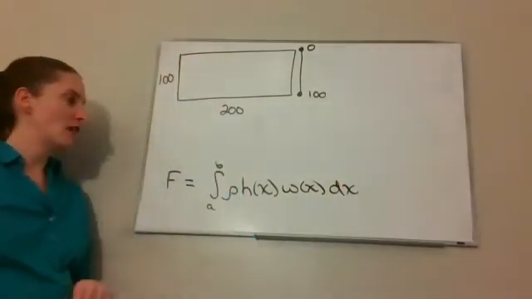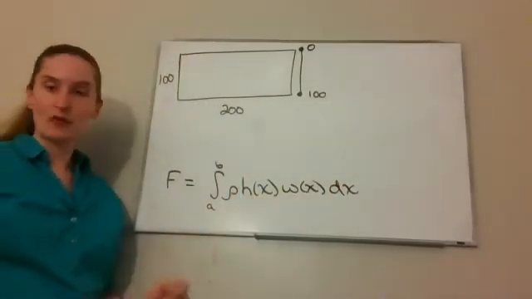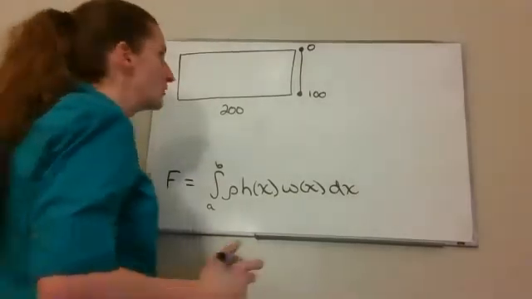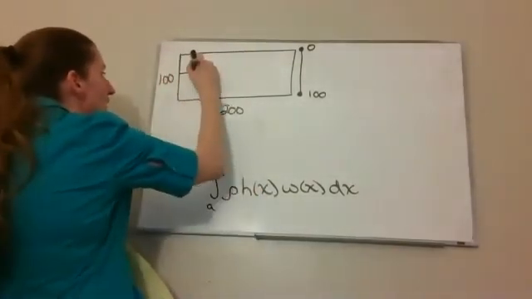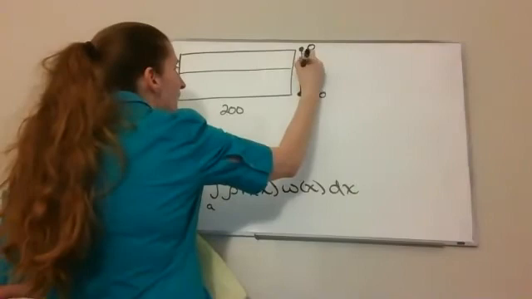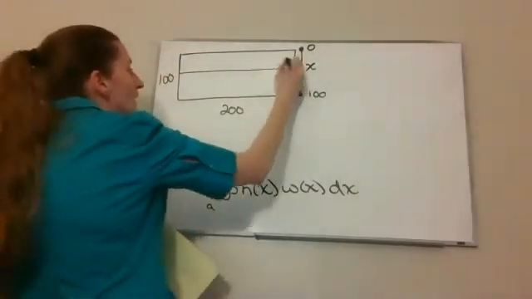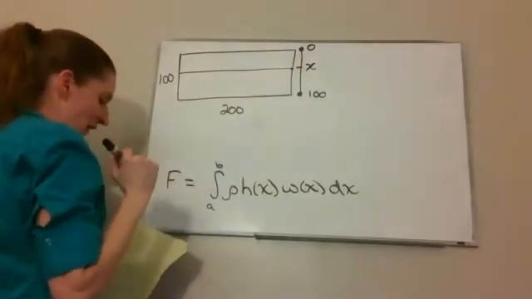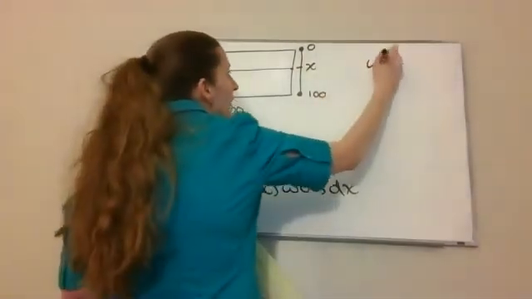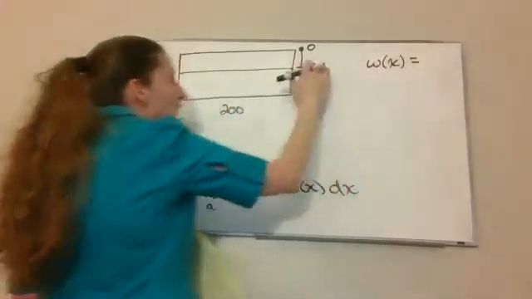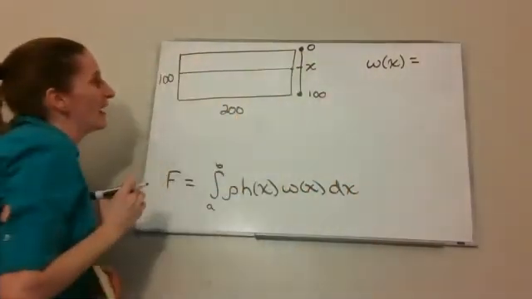So I just need to find a formula for h and a formula for w. So to do that, let's just pick an example. I'll say here's x. So looking at that little strip right there, what would be the width of the surface when we're looking just at the width at x?